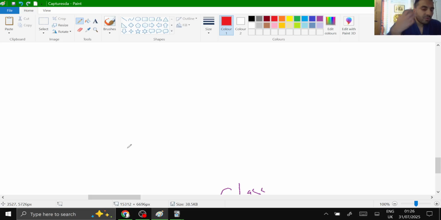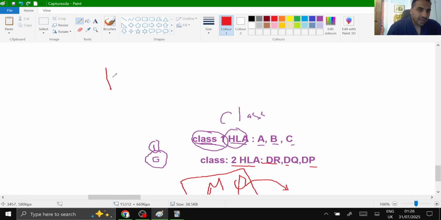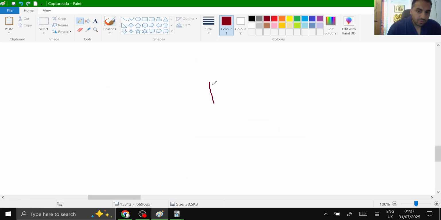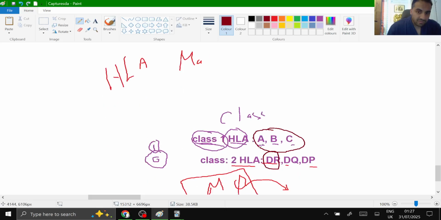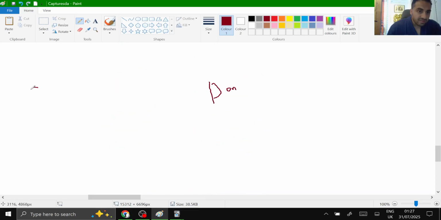That's why before we do any organ transplant, there is something called HLA, human leukocyte antigen, matching. Specifically, DR is very important. They must match. So the protein types on the cells of the donor must match the cells of the recipient.